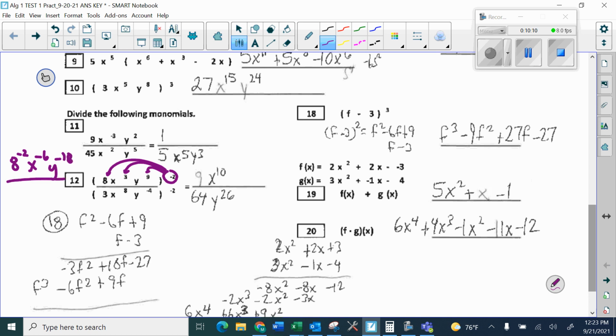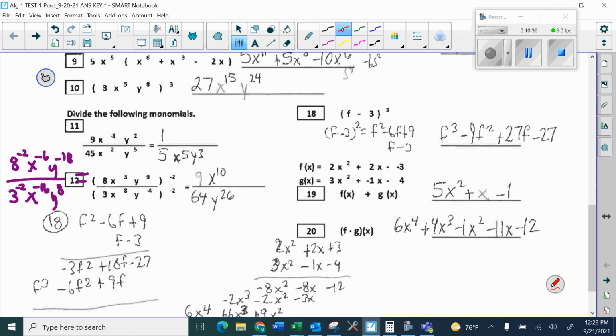Then I distribute the negative 2 through all of these exponents, and I have 3 to the negative 2, x to the negative 16, and y to the 8th, because negative 4 times negative 2 is positive 8. Okay, so I could start with this if I wanted to, and then I need to change all those negative exponents to positive by putting them in the opposite spots.